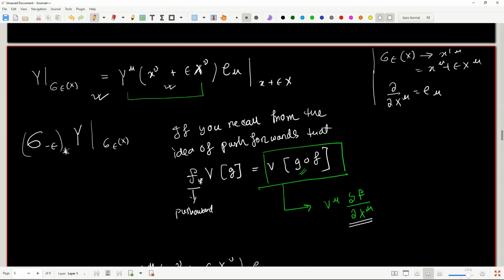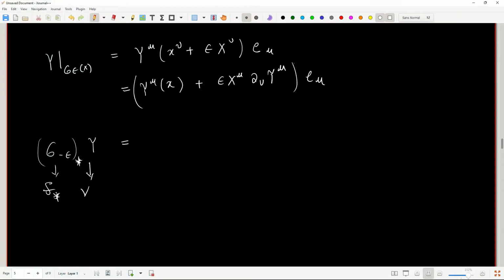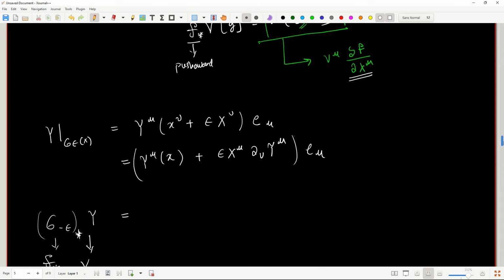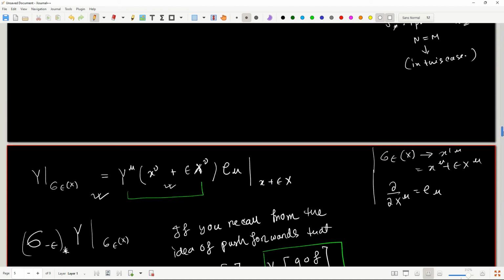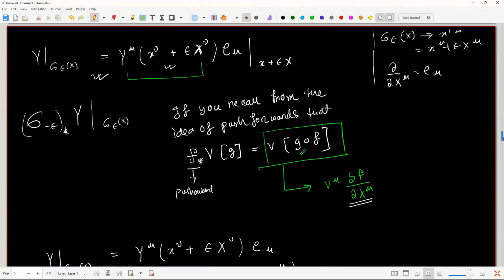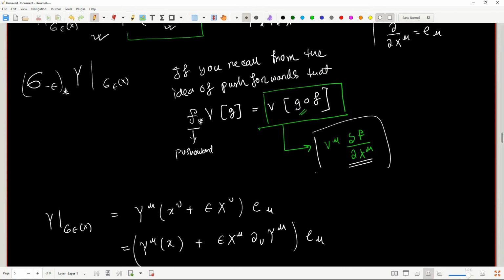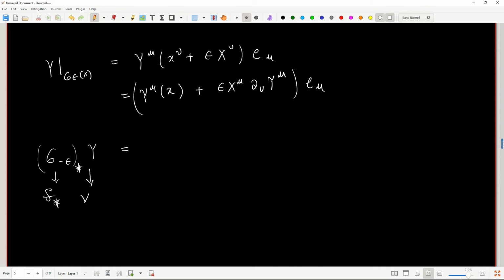I should denote it with the star, to make it clear that this is a mapping on the tangent space. Yeah, there should be a star. So if I do that and I use this expression over here, then this is just this component and the derivative of the explicit form of this sigma minus epsilon mapping, right?